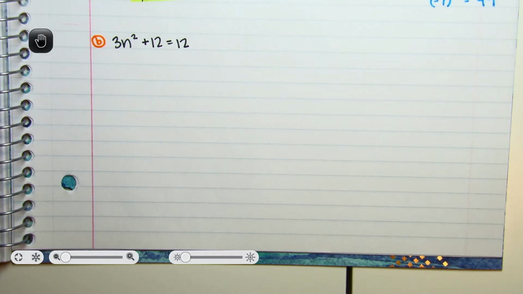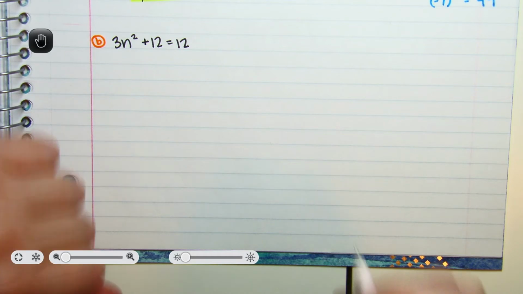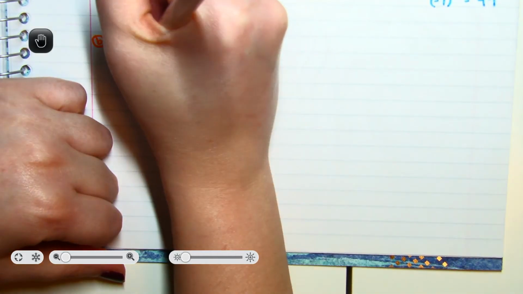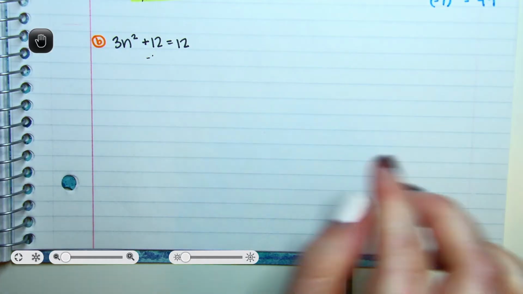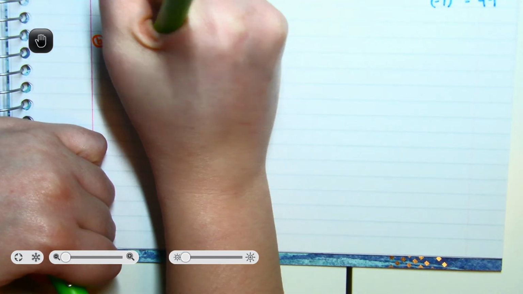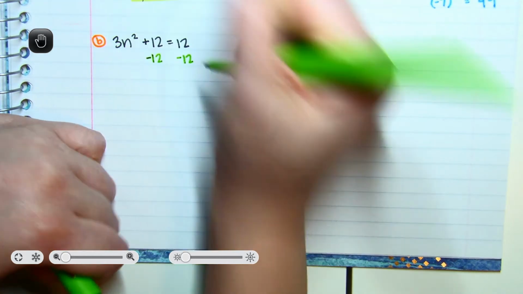All right, let's look at another example. Part B. Is my squared term isolated? You should have said no. So what do I need to do first to get the n squared by itself? If you said something along the lines of subtract 12 from both sides, or minus 12, or move the 12, anything along those lines is fine.